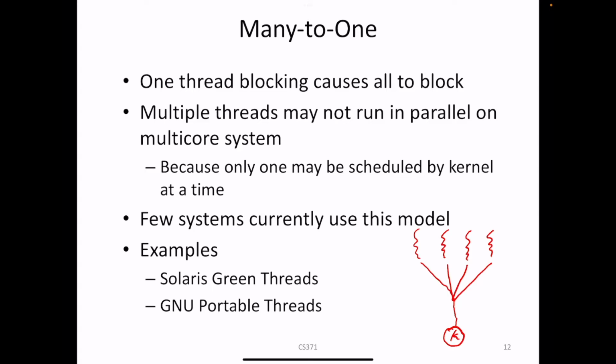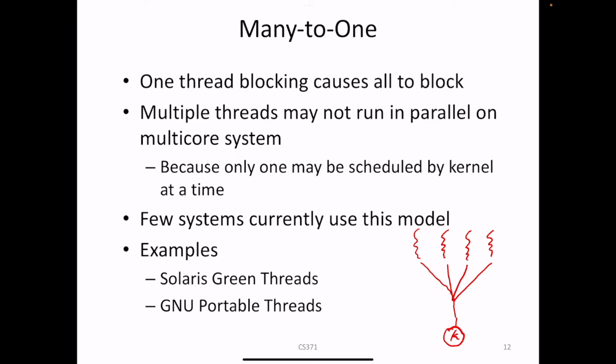Also, since the kernel is only aware of the single kernel thread, those user threads cannot run in parallel, even though you have multiple cores or CPUs in your computer system, because the kernel thinks that there's only one thread there.